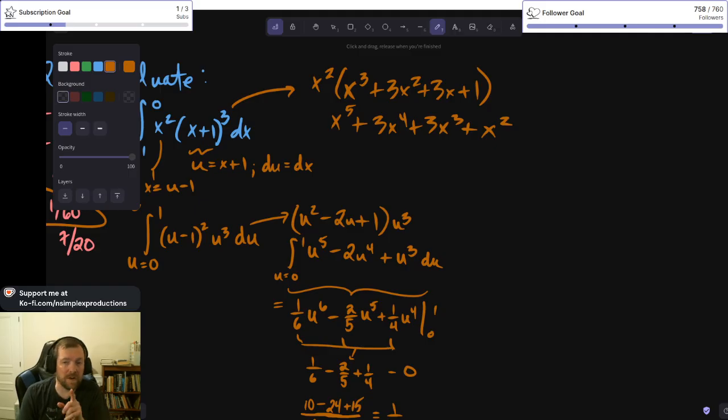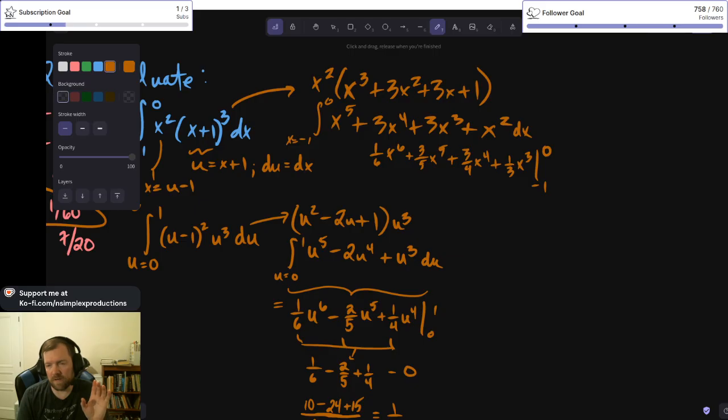Okay, so if we had done it the other way, this would have been going from -1 to 0 of x, dx. This would have been 1/6 x to the 6th plus 3/5 x to the 5th plus 3/4 x to the 4th plus 1/3 x to the 3rd, evaluated from -1 to 0. 0 would have cleared it out, and then we get minus all this stuff.